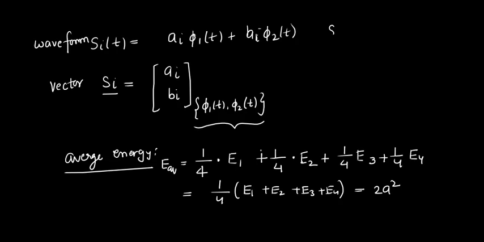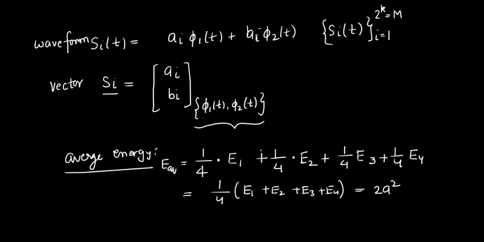First, we have seen that if you have a set of waveforms, i is equal to 1 to how many? 2 to the power k. If you are taking 2 bits at a time, then how many waveforms will be there? 3 bits at a time, then how many waveforms will be there?